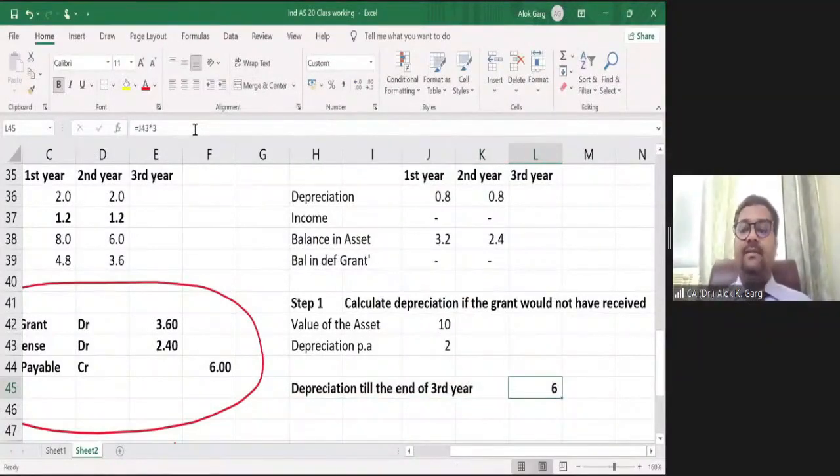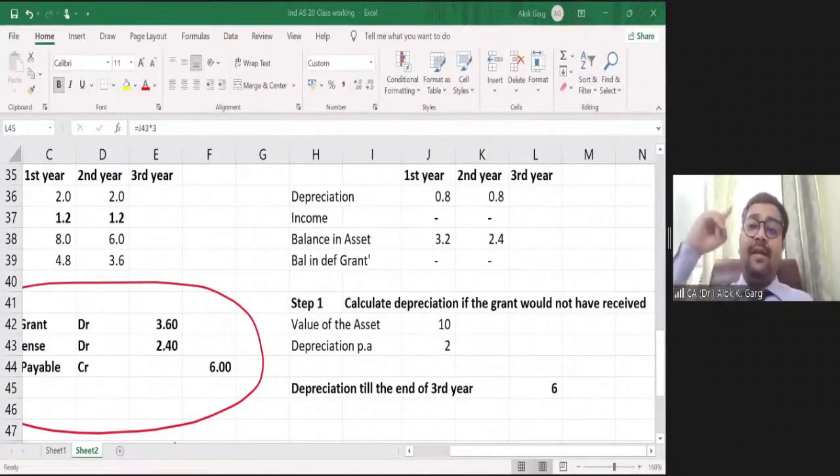So first you need to calculate depreciation as if the grant had never been received. Understood? Friends, are you clear on this?